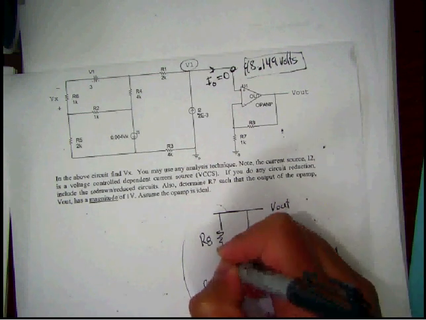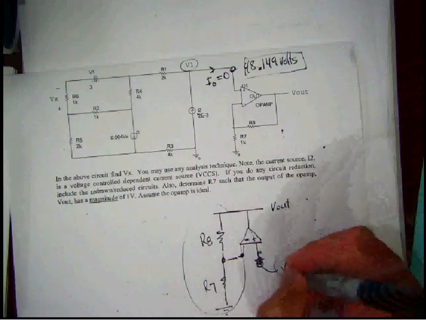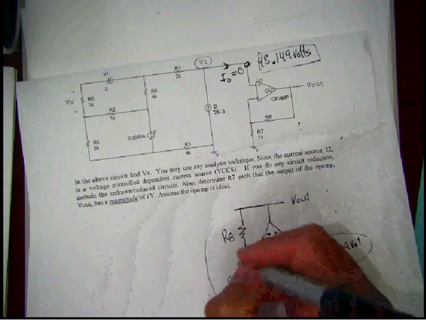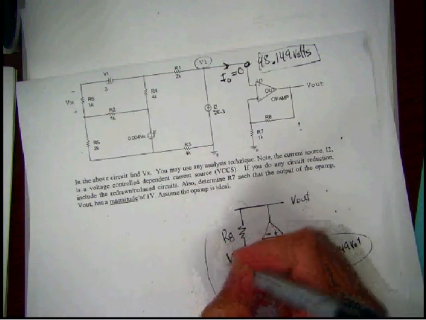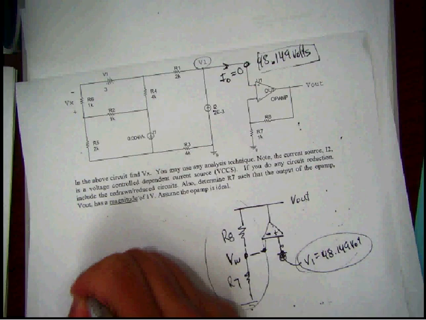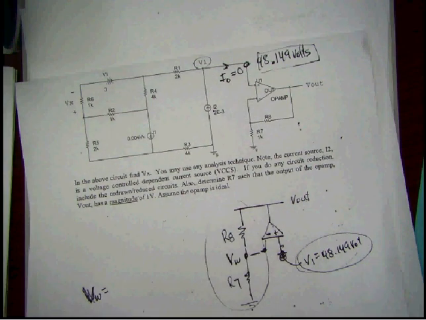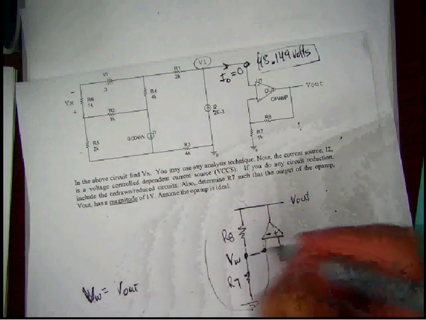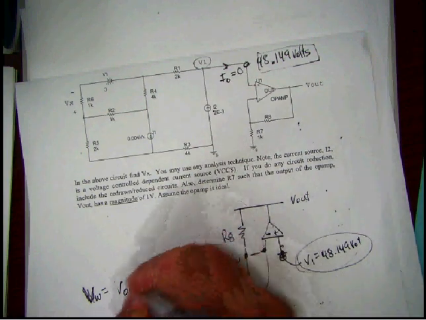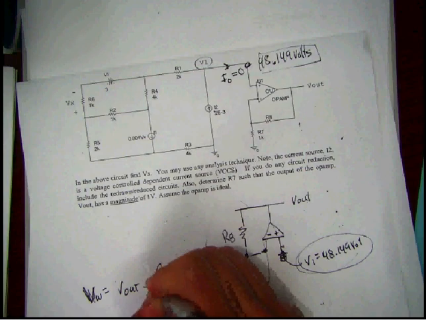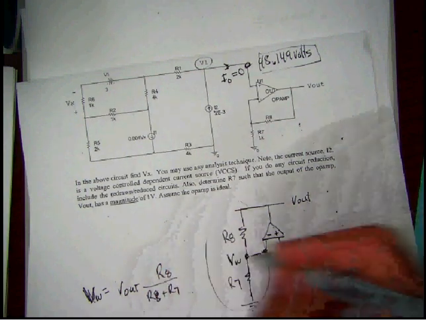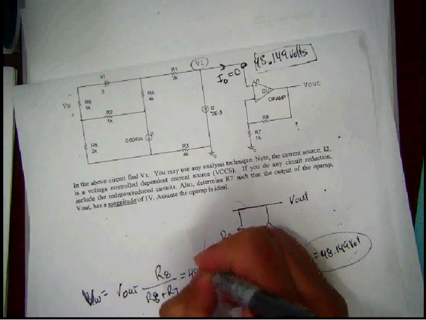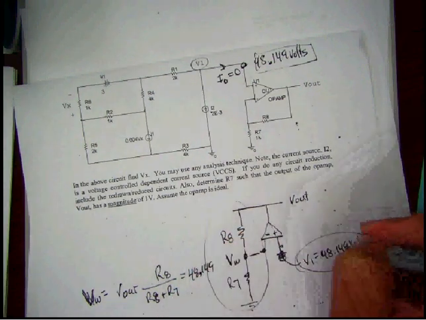So it's going to try to make this voltage actually equal to the input. We know that we have the voltage divider, so it's V out times R8 over R8 plus R7. And we know that has to equal the 48.1 or whatever value.